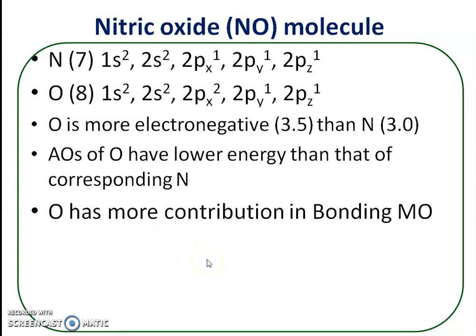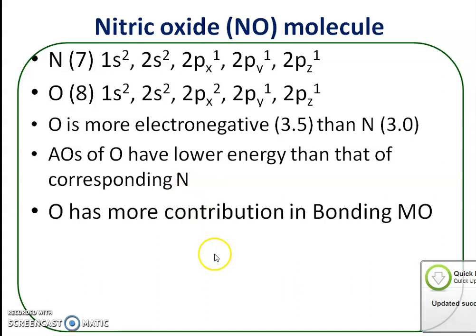And therefore oxygen has more contribution towards the formation of bonding molecular orbitals and less contribution in the formation of anti-bonding molecular orbitals. On the other hand, nitrogen, being less electronegative than oxygen, has greater contribution towards the formation of anti-bonding molecular orbitals and less contribution in the formation of bonding molecular orbitals.